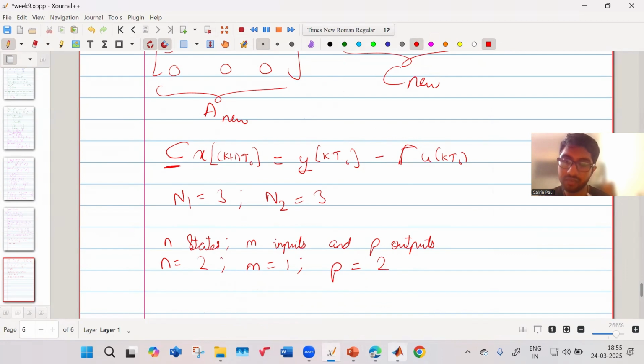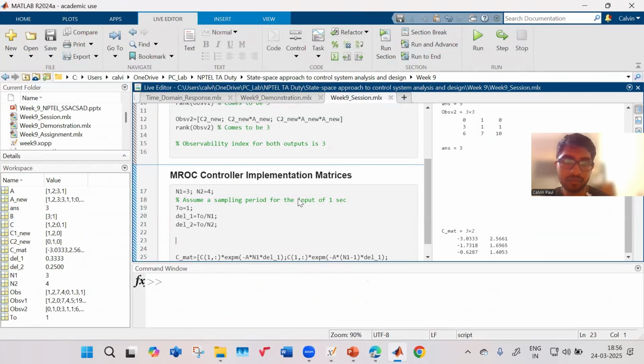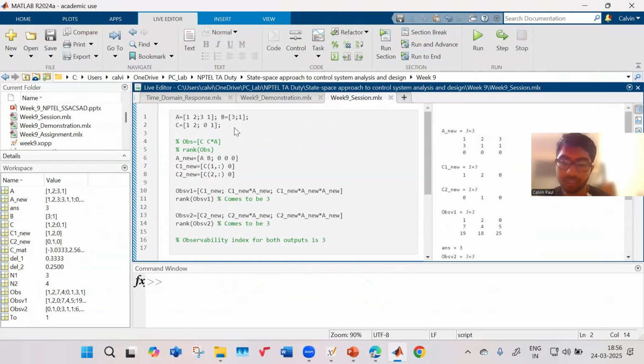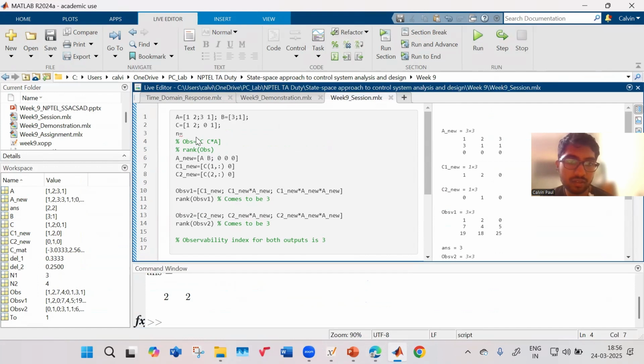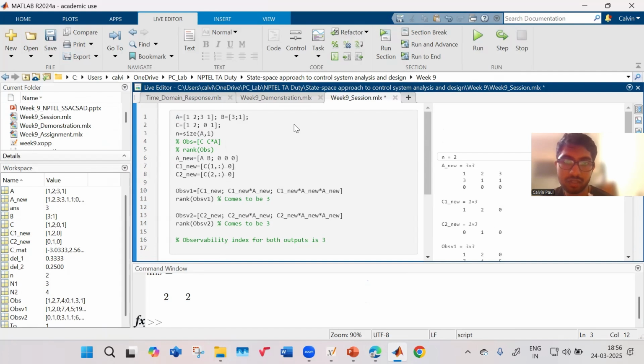So let us first find it. Let us first confirm it. Okay? So what do we have? n is equal to size of A, the first one.